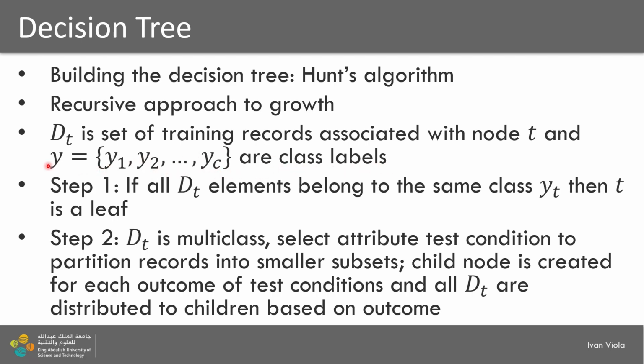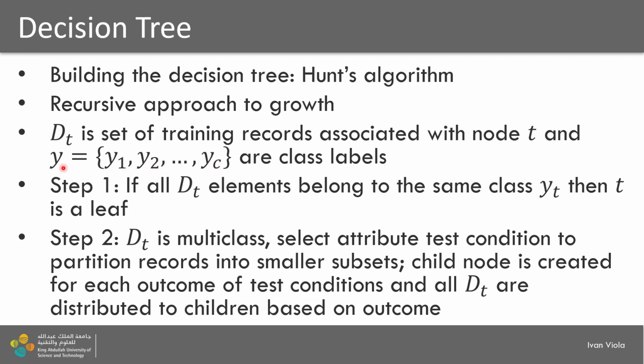Now, D will be the entire training set, but maybe we are already in some node where we are dealing with a subset of our training records because some of them have been rerouted to other directions of this decision tree. So within the subset of records associated with this node t, we have various values of the classes for these records.